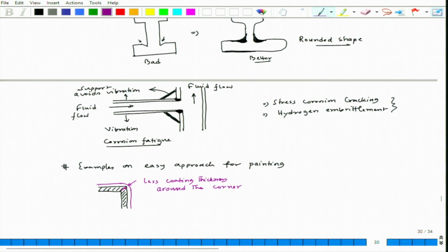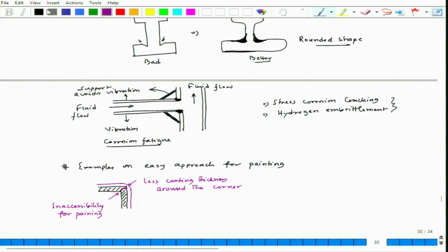Now, here it will be less, and if you consider this part, there could be a problem of inaccessibility for painting, and even if you access it, there would be a lot of deposit of paint, fine. So, it is better to modify.